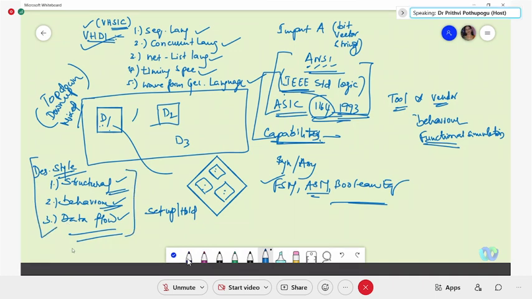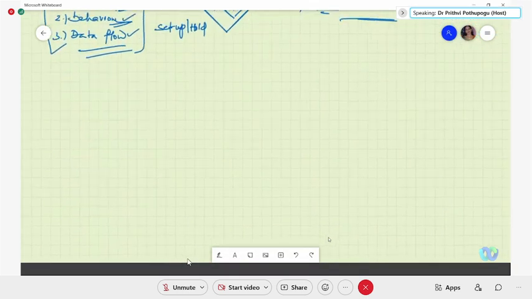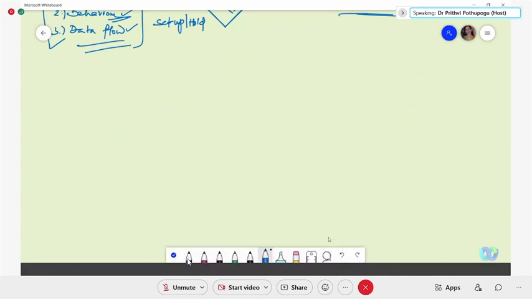How this hardware abstraction is defined in VHDL is what we call an entity. In Verilog it was called a module. Here each description we name as an entity. The entity is nothing but a design, a device design.